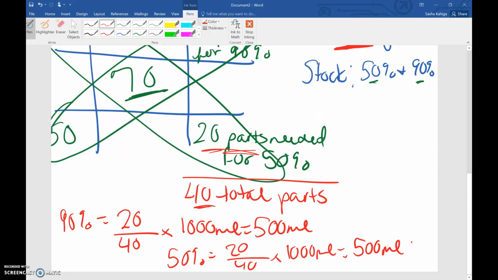So that means you need 500 milliliters of the 90% and 500 milliliters of the 50% in order to prepare 1 liter of 70%. Well, that makes sense, because if you add these two volumes together, the 500 milliliters and the other 500 milliliters, you get what? 1,000 milliliters. All right. I'm going to stop right there, and I'll pick back up in the next lecture video.